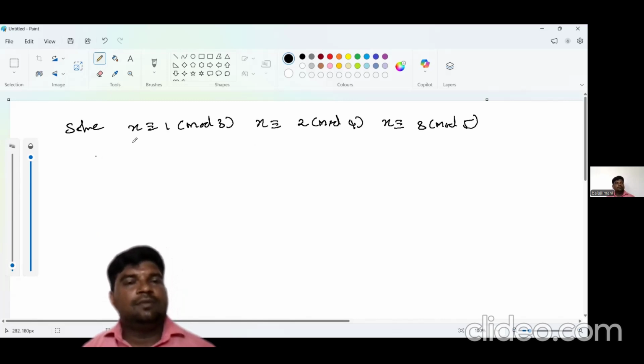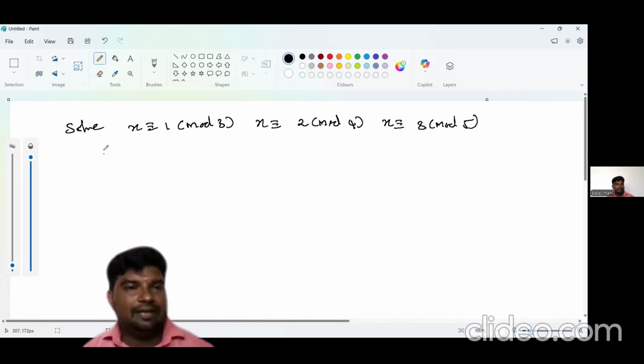This is the form of a system of linear congruences. It may have two, three, or four congruences given. This is a standard problem, three congruences with one variable. Using the Chinese remainder theorem, we can solve this.